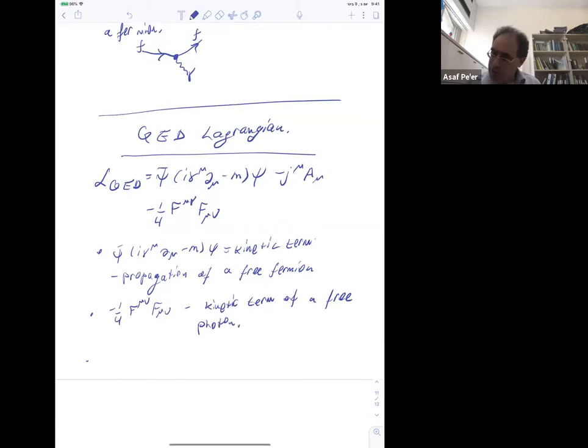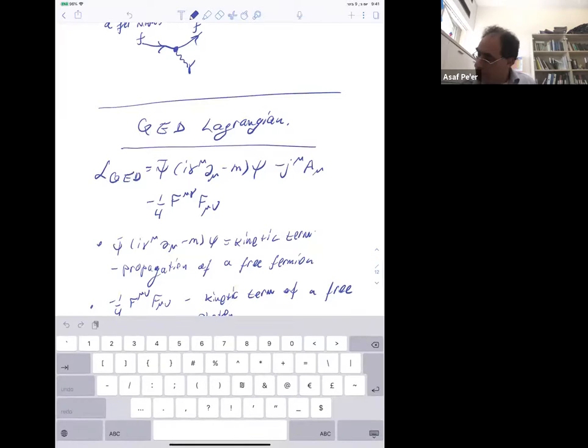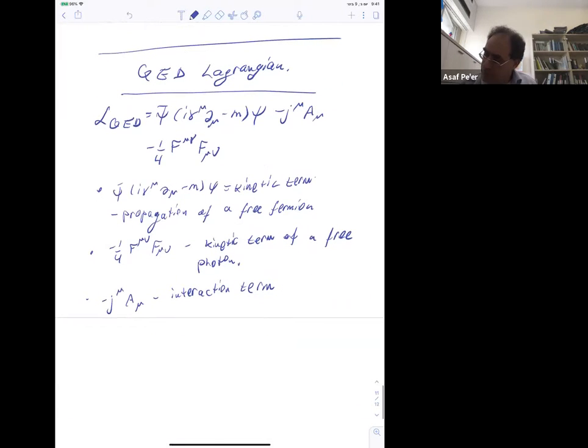And then the interaction term. This is the interaction term between the photon and the fermion of charge Q. Can you see why I got this Q?